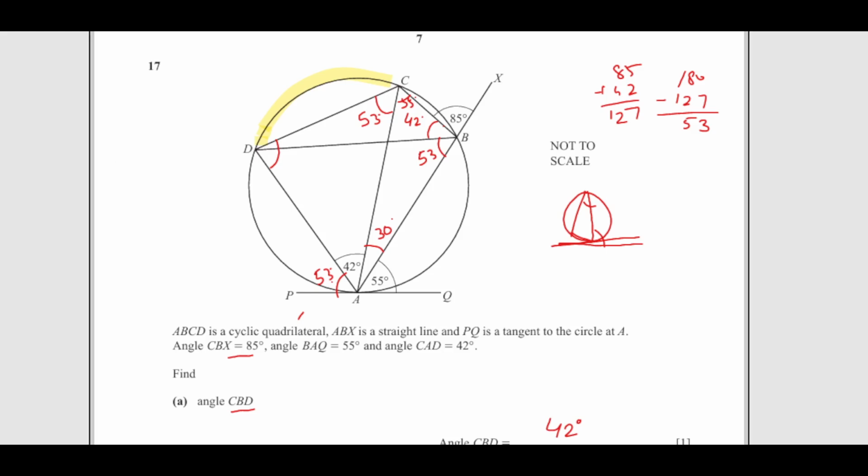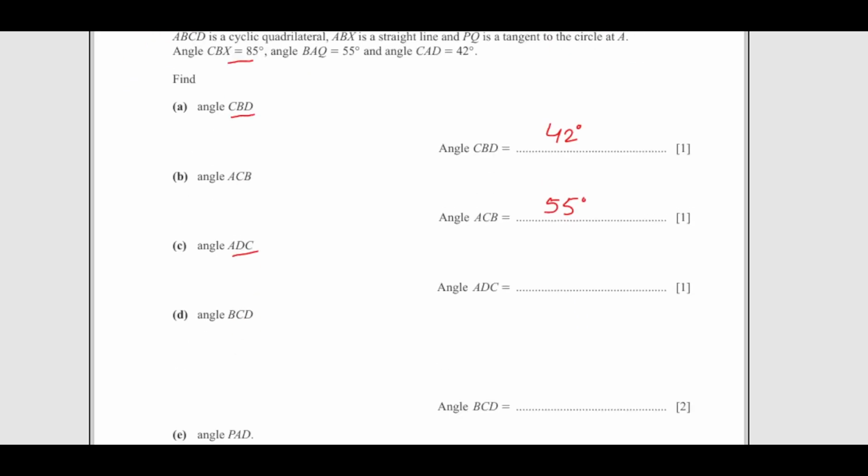So the angles inside the triangle we have here 42 plus, then this is 53. So then 180 minus 95, this is 85. So we got this angle as 85. So I'm going to write down here angle 85 degrees, right?